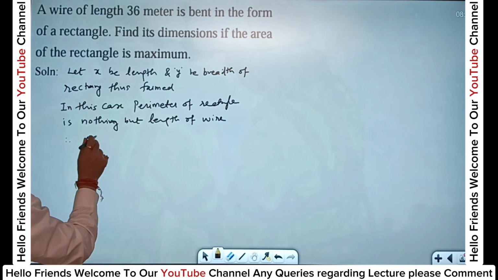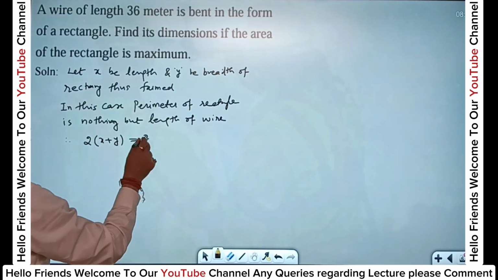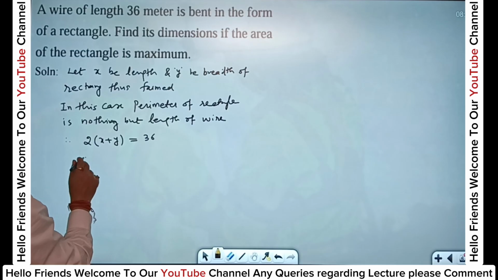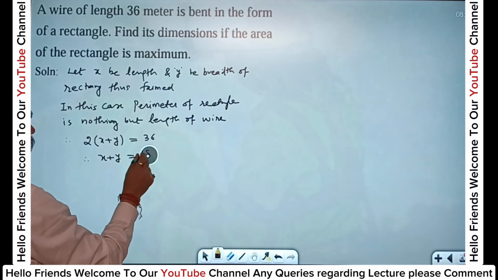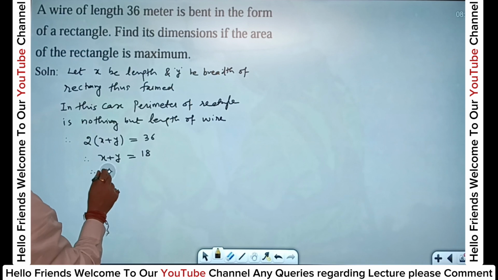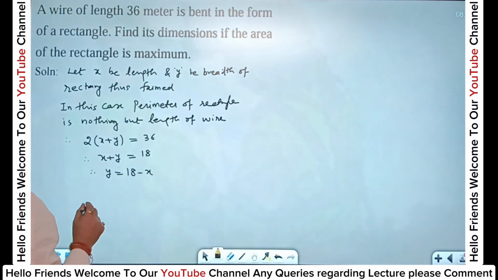Perimeter of rectangle is 2 into length plus breadth, and this is 36. So x plus y is 18. So y is 18 minus x.